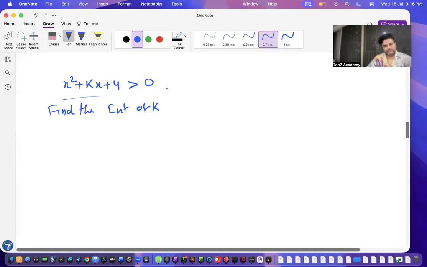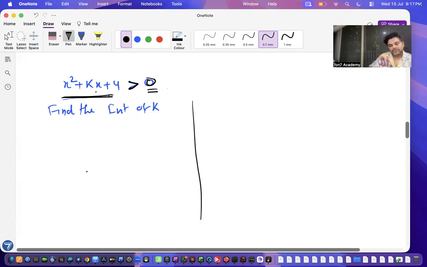So how many roots does this have? Think about what the question is and try to visualize what I'm asking. Let me explain that question also. See, what does it mean when you say some quadratic expression is more than 0? This is the y value. You're saying there are two graphs: one is y equal to 0, agree?